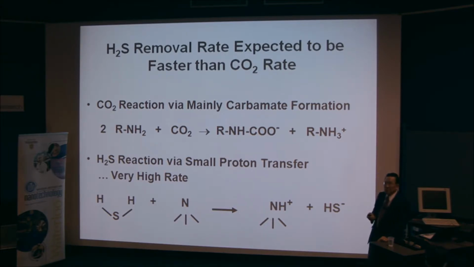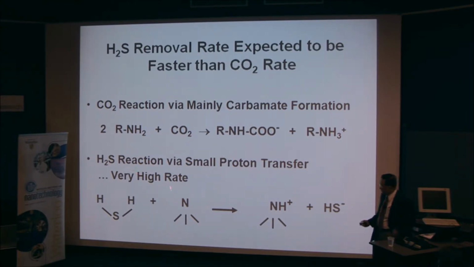The carbamate is stable if you use unhindered amine, but when you use the sterically hindered amine, then the carbamate is unstable. As I said, then this would hydrolyze to bicarbonate, as a sink for CO2, and that also regenerates the free amino group.